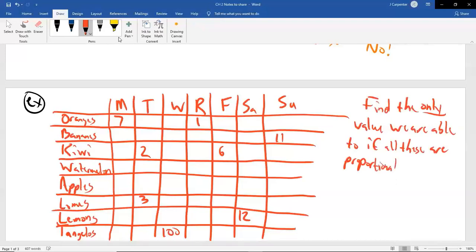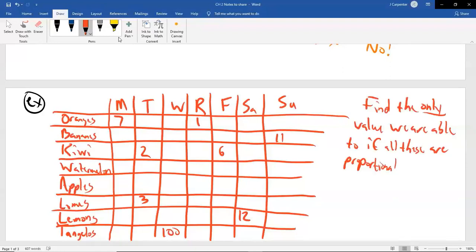So yes, the store sold some oranges on Tuesday, Wednesday, Friday, Saturday, Sunday, bananas on the days we're missing, whatever. Maybe one or two of these were zero, but I didn't want to fill out this table entirely because then lots of answers would be findable, excuse me. So we are going to find the only value that we're able to if all of these are proportional. So only one of these is findable, I believe. I believe I drew that up correctly.